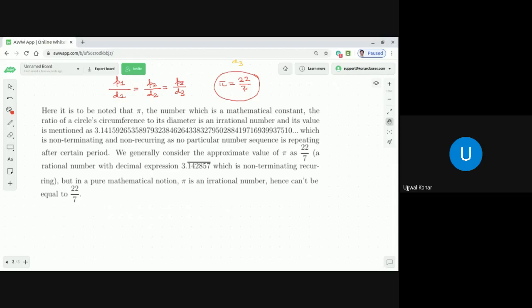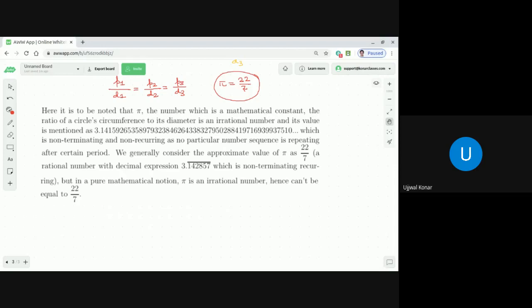And if you look into this pattern, dear students, you will find there is no pattern, there are no recurring digits, and it is not repeating, which is non-terminating and non-recurring. No particular number sequence is repeating after a certain period.